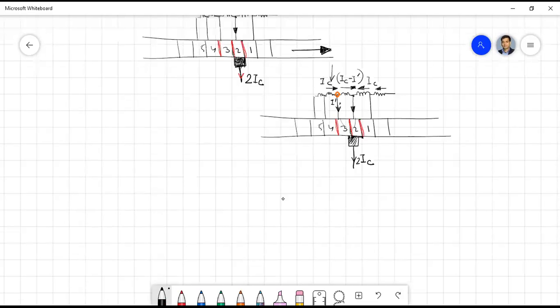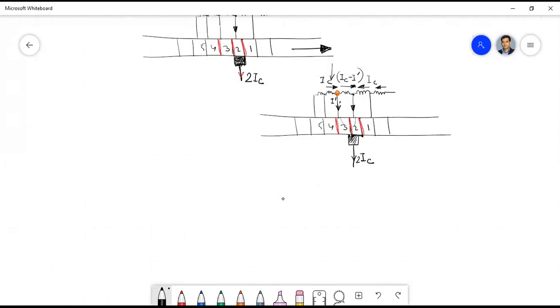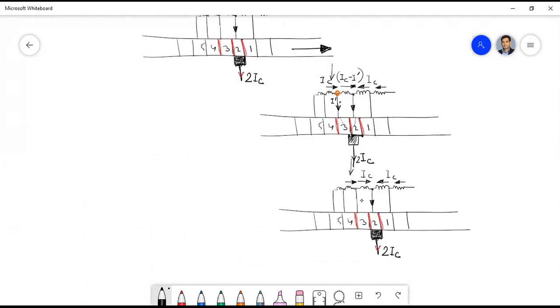Okay. Now, the next position. Now we'll have the equal share. Let me draw this.